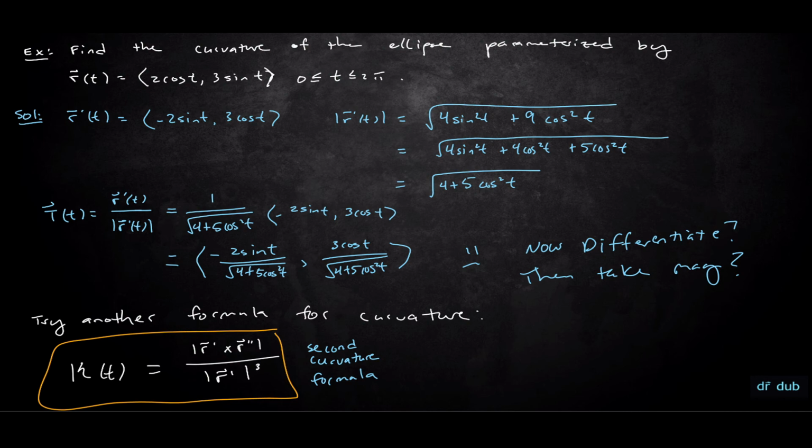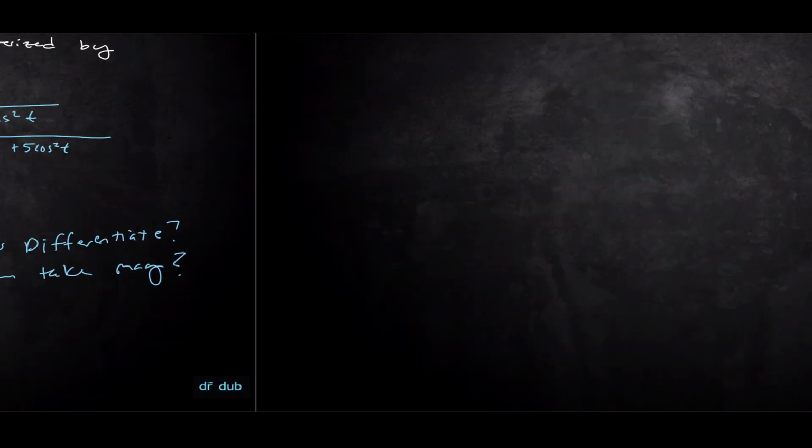So we already got r prime. Let me just copy some stuff down. R of t we know is 2 cosine t comma 3 sine t. R prime is negative 2 sine t comma 3 cosine t.